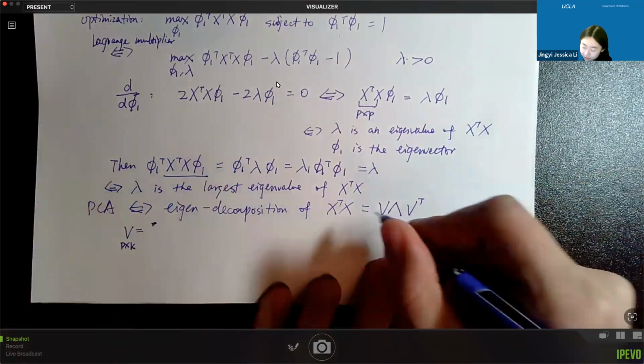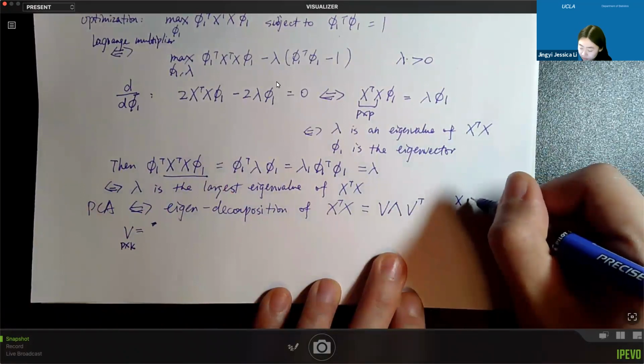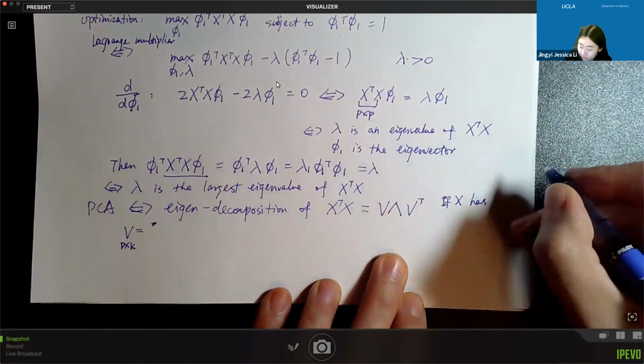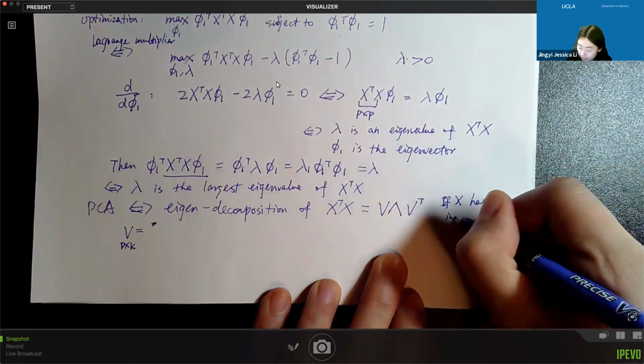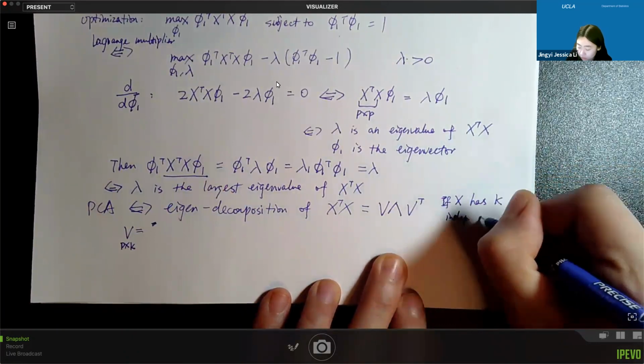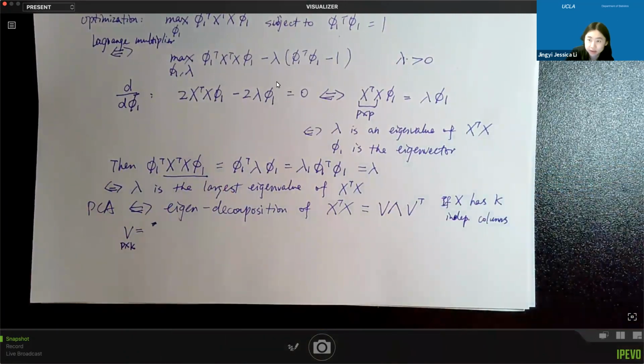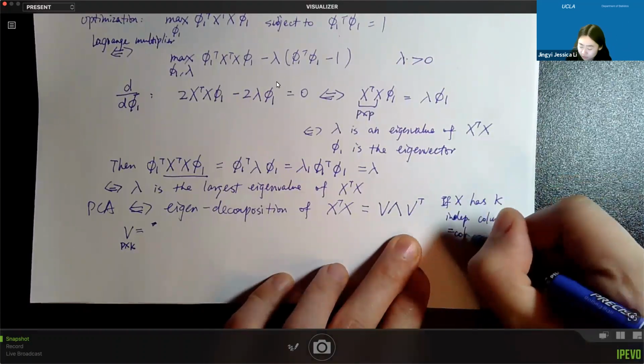So if X has K independent columns, please note that here the independence is the linear algebra independence, it's not the probability independence, which means that I just need K columns to explain all the columns. Or we can say this is the column rank.